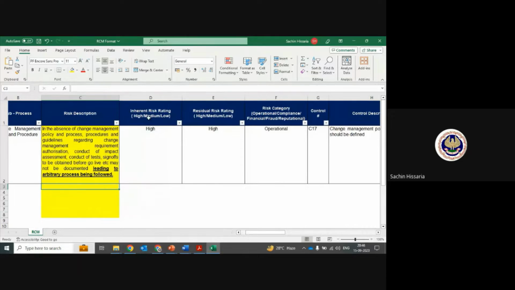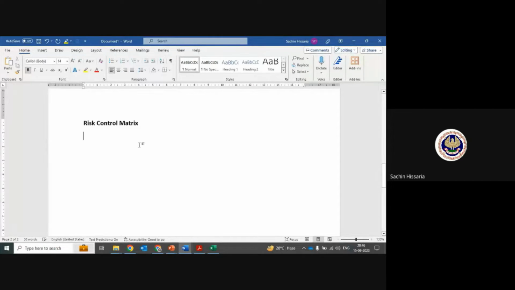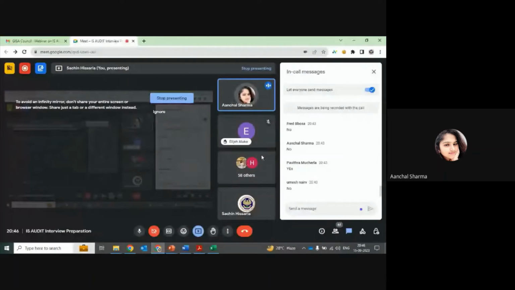Then I am saying as an auditor, what is the inherent risk for the same? Now you should know these terminologies as well. What is inherent risk and what is residual risk? Can someone please help me? What is inherent risk? What is IR here? Any risk without control is called inherent risk.